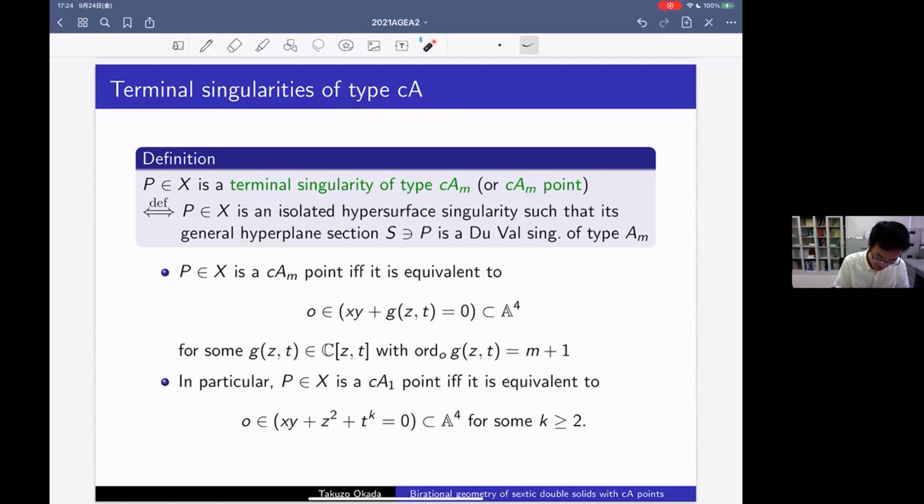We say that the point P on a threefold X is a terminal singularity of type cA_m, or simply a cA_m point, if this point is an isolated hypersurface singularity such that its general hyperplane section is a Du Val singularity of type A_m.